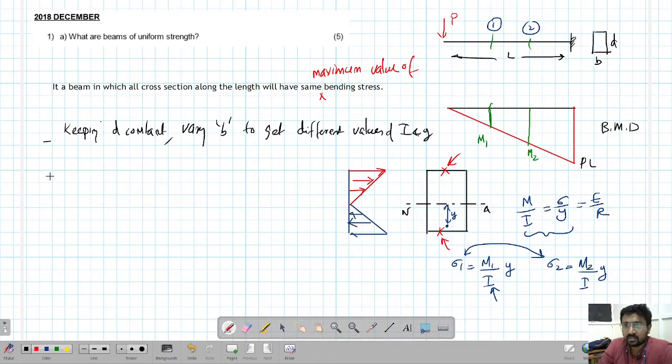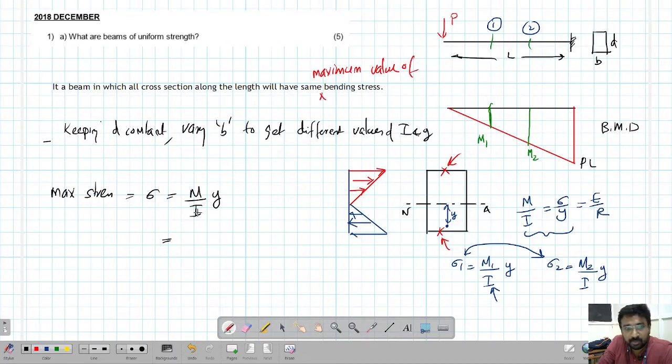So let's say in the first case, the maximum stress is given as follows. In this diagram, the maximum stress is sigma, which is nothing but M by I into y. Y is nothing but d by 2. Total depth is d, y is d by 2. M is the moment here.